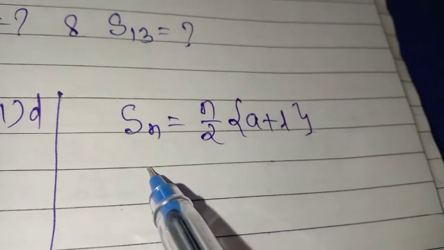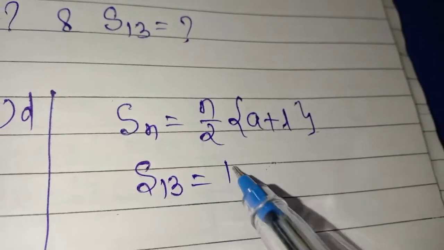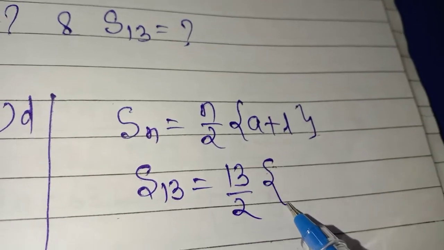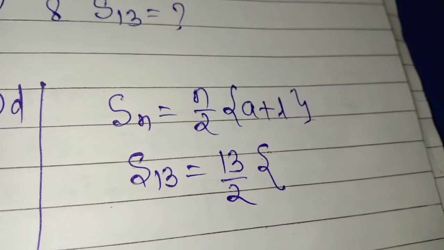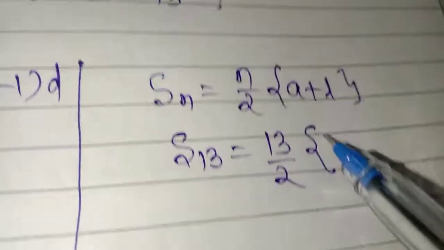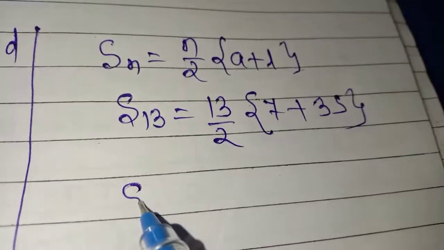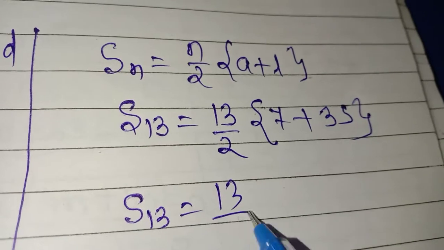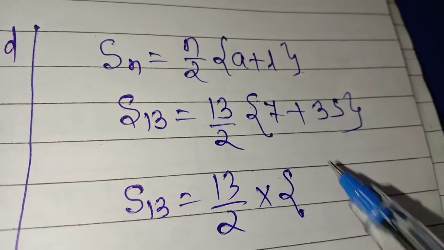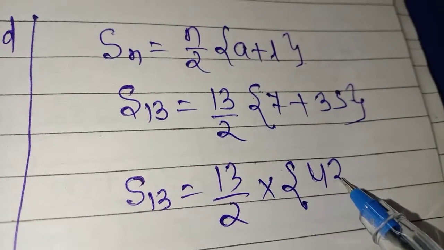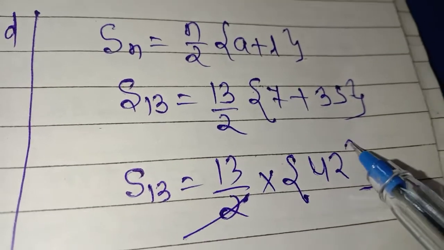Okay, now S13 is equal to 13 by 2, the value of a. What is the value of a here? The value of a is 7 plus the last term, 35. So S13 is equal to 13 by 2 into 35 plus 7, which is 42. Now cancel 2, 21.